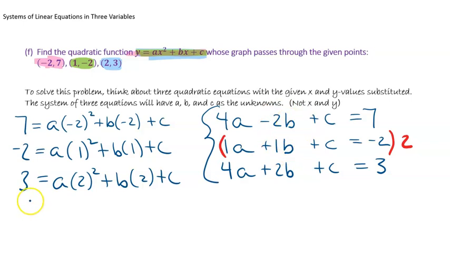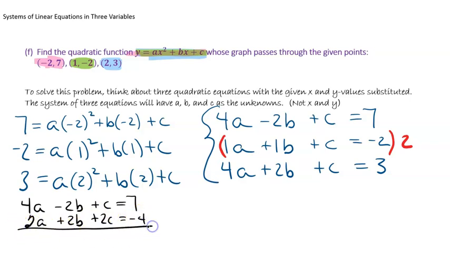I'm going to try to write smaller and neater, and let's do it in black so it's not all blending together. So I've got 4a minus 2b plus c is equal to 7. Second equation is 2a, because I'm multiplying by 2, remember, plus 2b plus 2c is equal to negative 4.